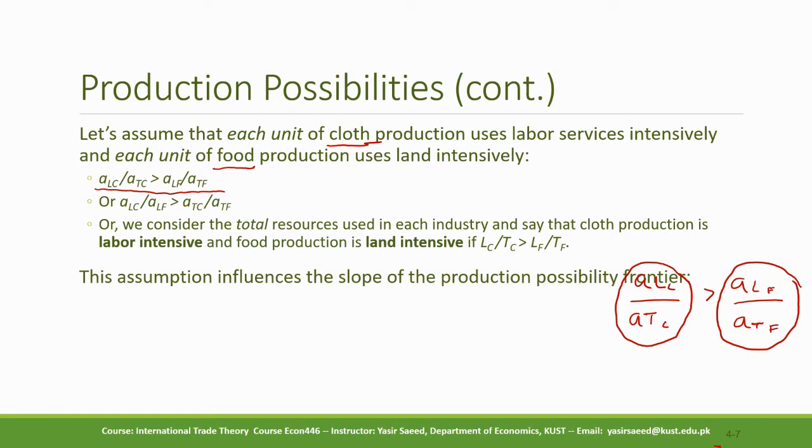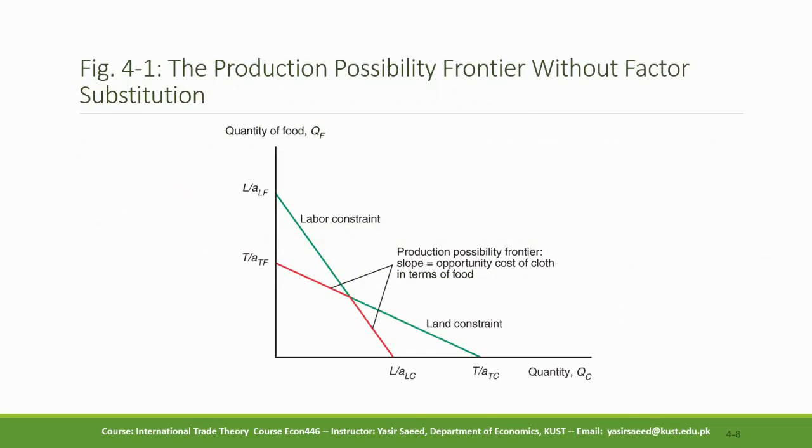The assumption influences the slope of the production possibility frontier. Now, when we want to produce cloth or food, we can substitute the amount of labor for the production of cloth with a certain amount of land. But let's assume that we are not able to substitute these two factors of production.